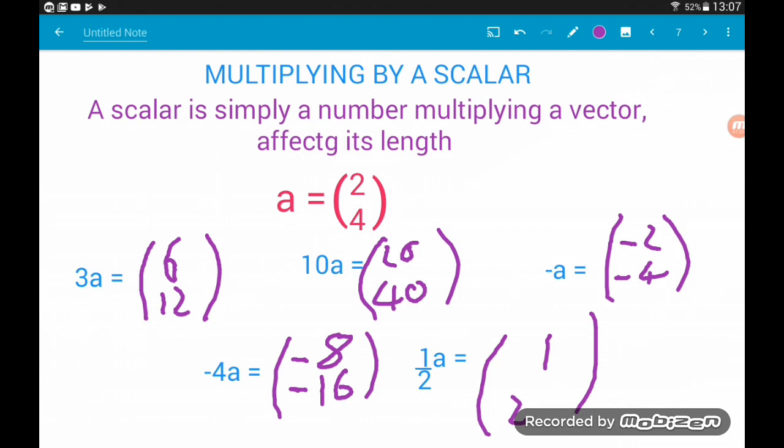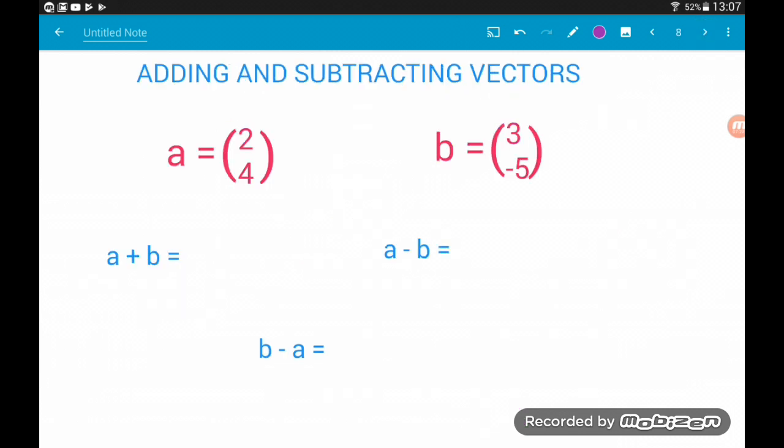Okay, now we're going to take a peek at adding and subtracting vectors. And there's really good news because it's really quite simple. So, to add two vectors together, you simply add the corresponding parts together. So you add the two x parts together and you add the two y parts together. If you're subtracting, then, well, we'll see as we go.